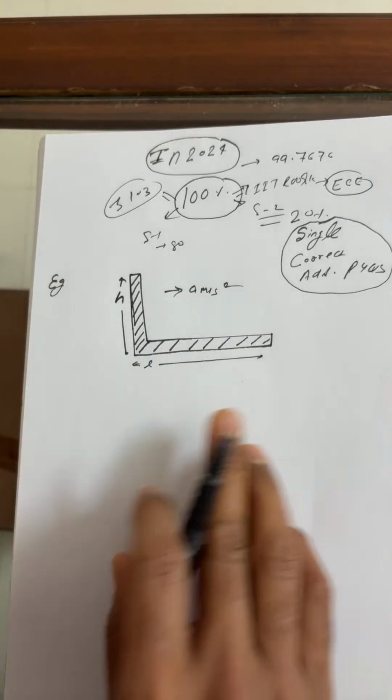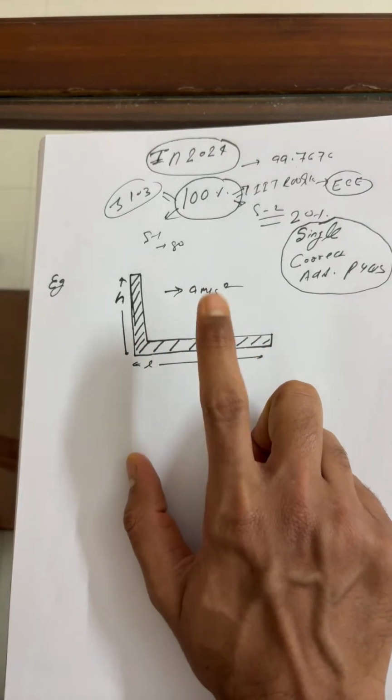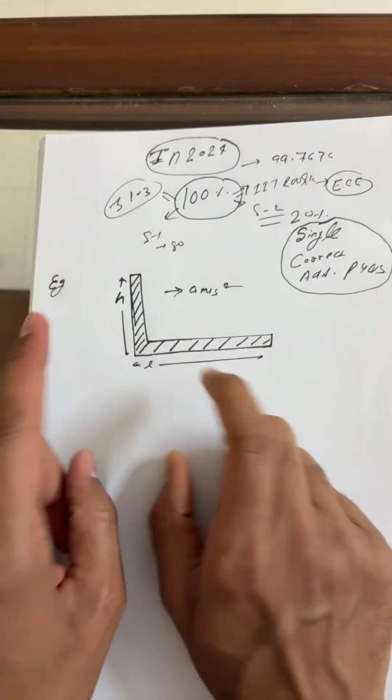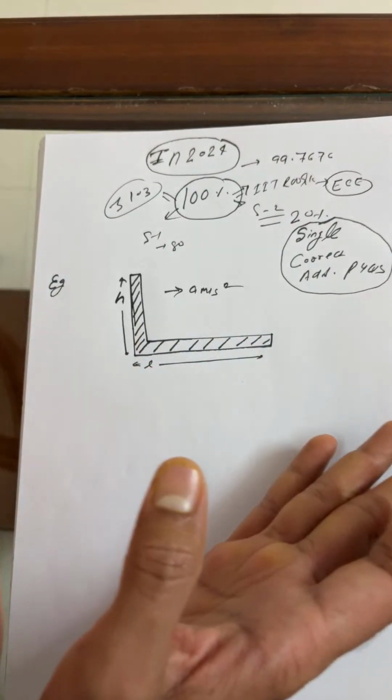So what is the minimum value of a so that the liquid will not spill out.